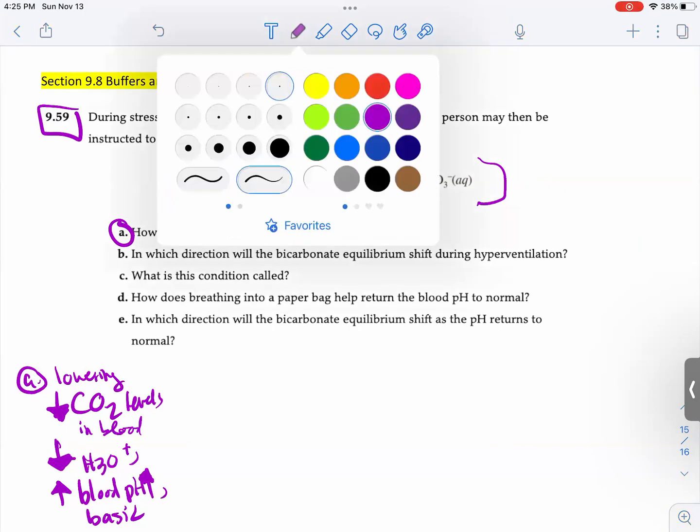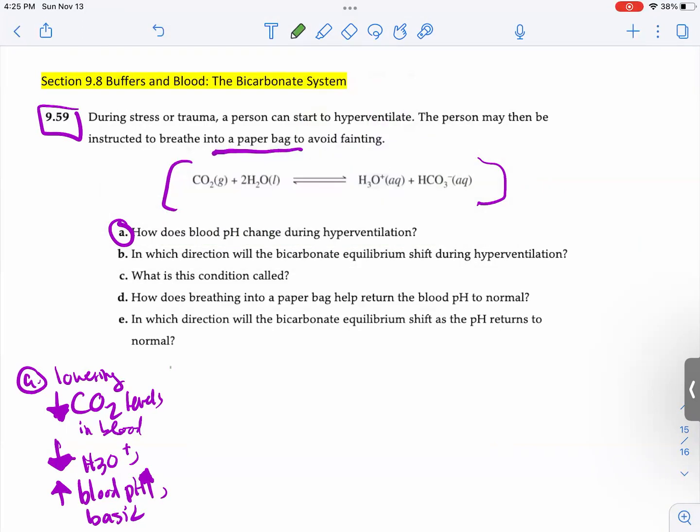So let's do B. In which direction will the bicarbonate equilibrium shift? So if we are decreasing carbon dioxide, remember your reactants and your products. If we're decreasing our reactant, then the reaction is going to want to increase the reactants.